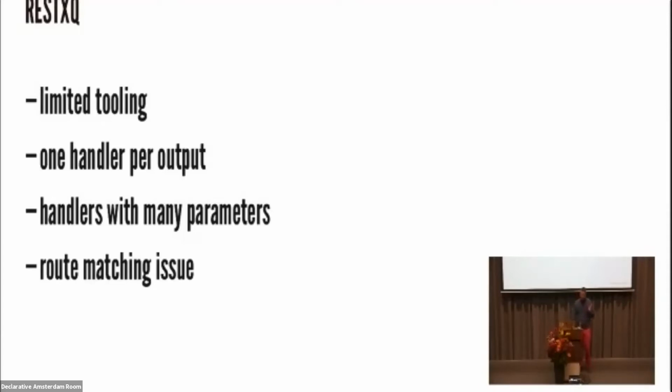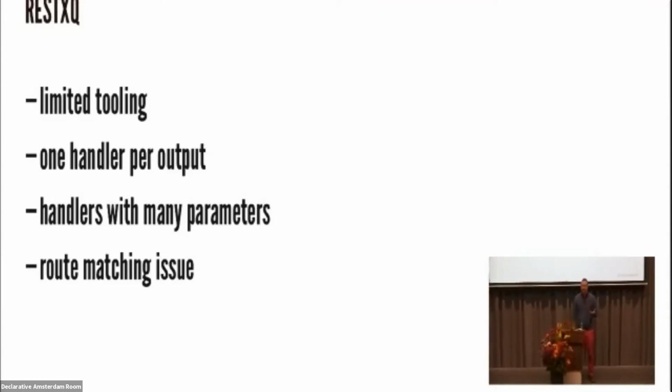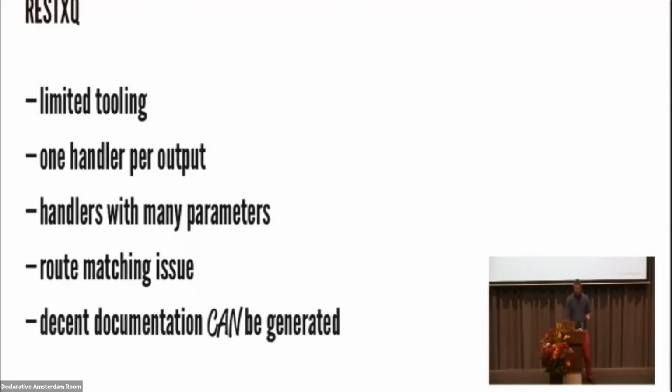There's also a route matching issue. I think it's negligible, but also something that I'd like to see go away. But yeah, I reported it a while ago. Hasn't happened that much since then. You can get decent documentation by using an external tool that is available.